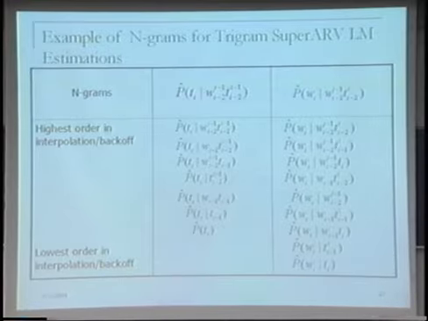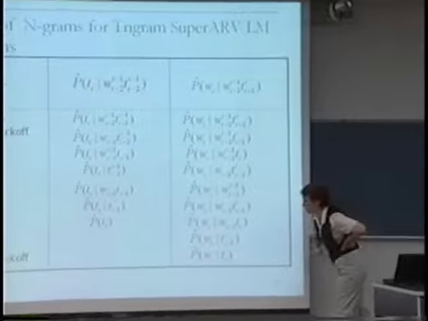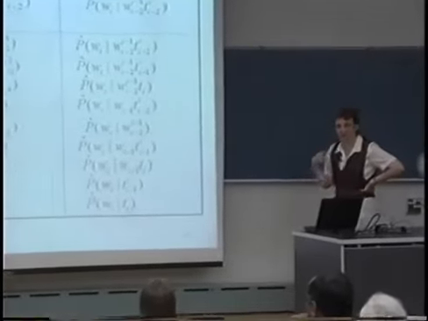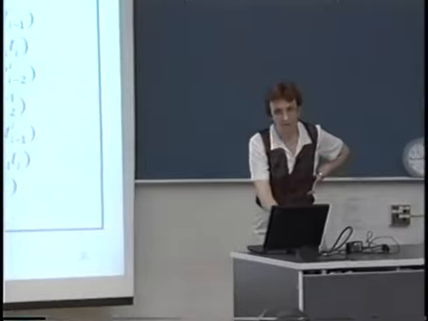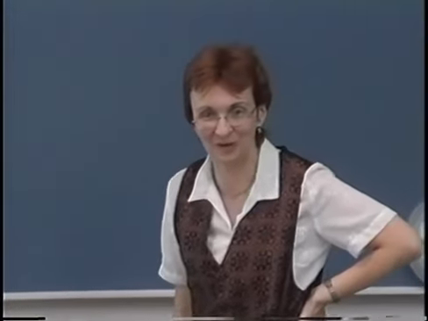It adds noise. And so there is only so far you want to back off. So we back off to the word given its tag, and we back off only to the tag. And of course, ultimately you want to have the probability of the word given its history. And for this, you use a standard formula.